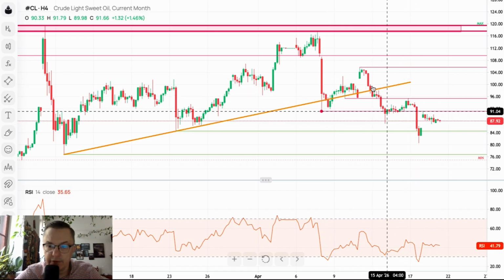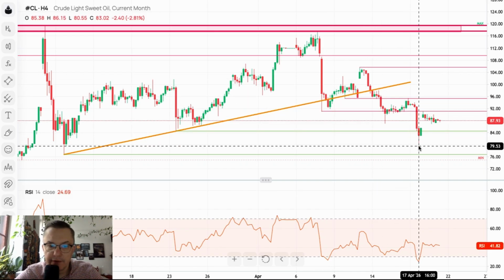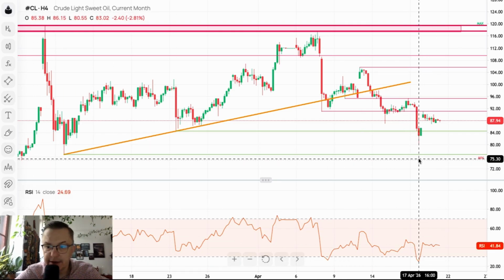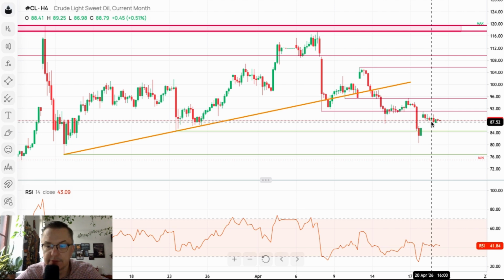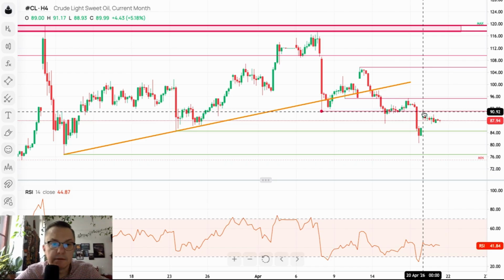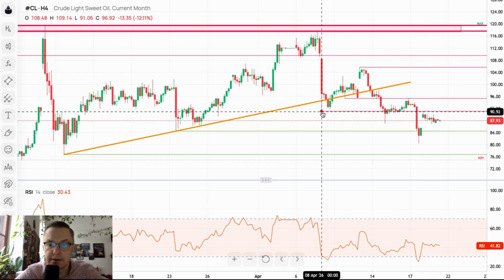We keep moving lower, and the recent low was 80.55 in extremely oversold conditions, and it looks like the market doesn't want to move higher for now. 91.17 was the local high, but it was rejected. There is a technical resistance.